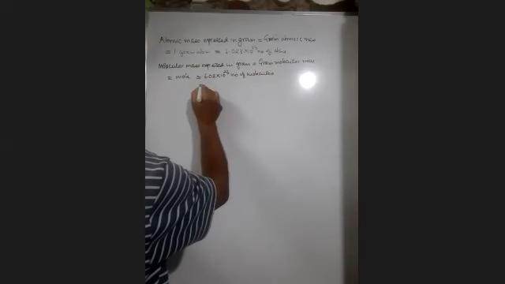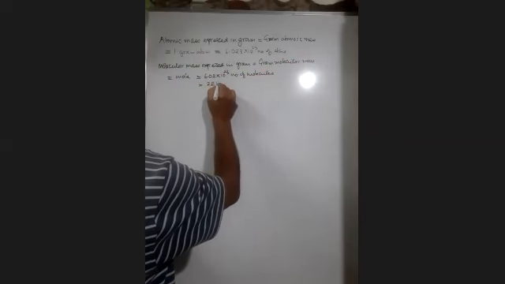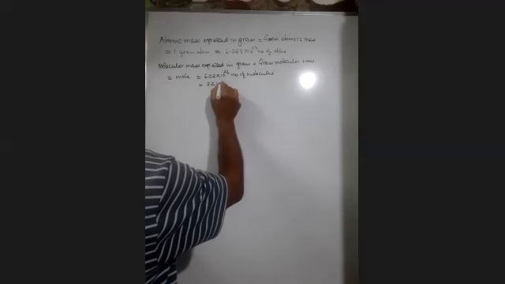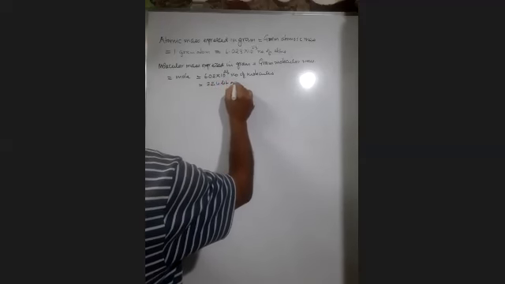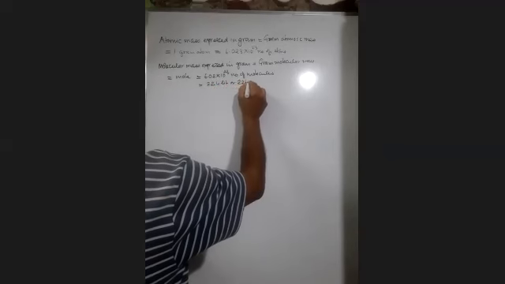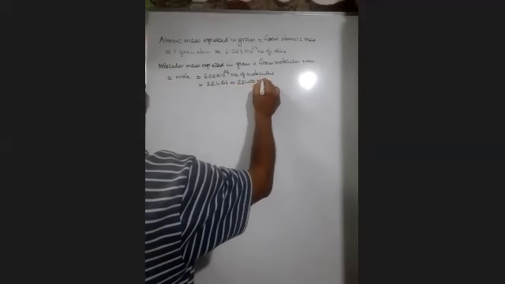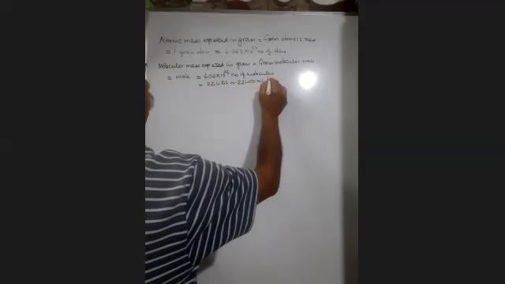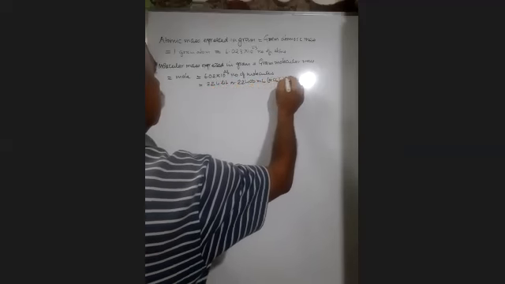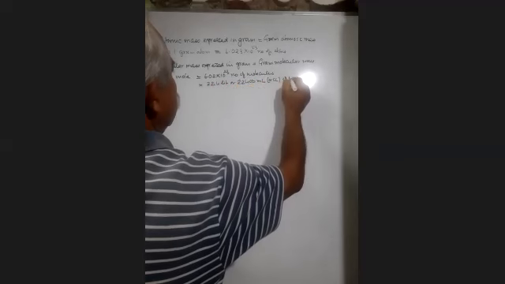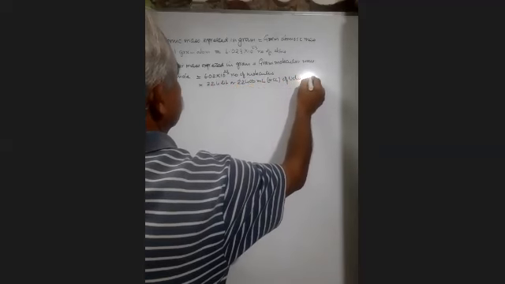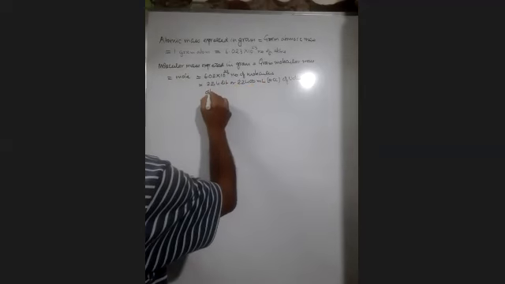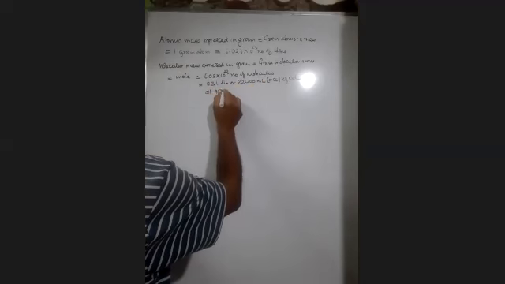If it is gaseous, it will occupy 22.4 liter or 22,400 ml or cc of volume. Okay, volume at NTP. What is NTP?